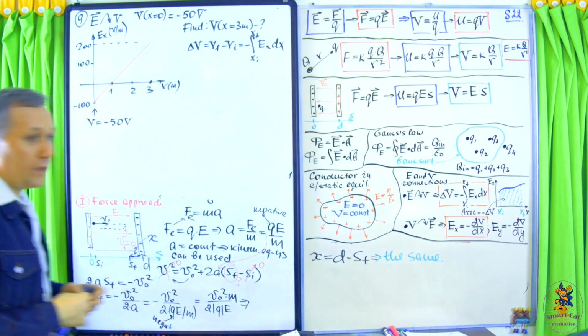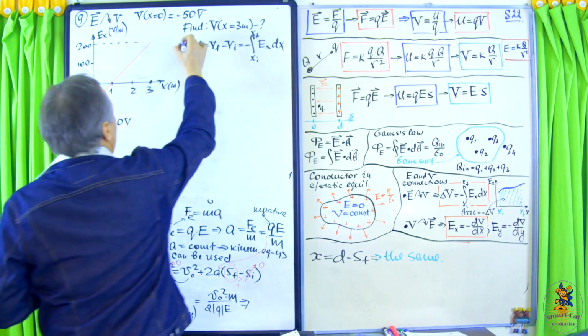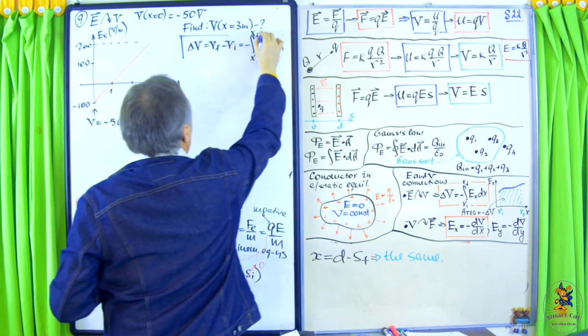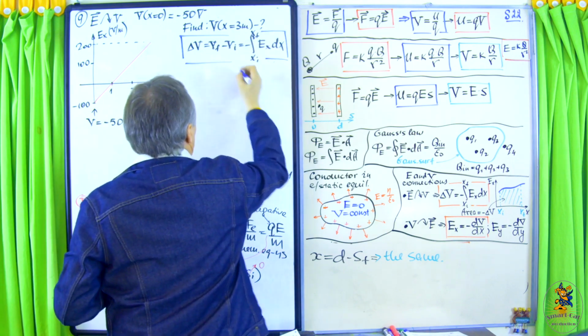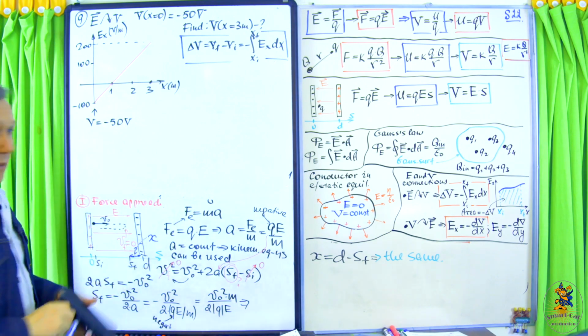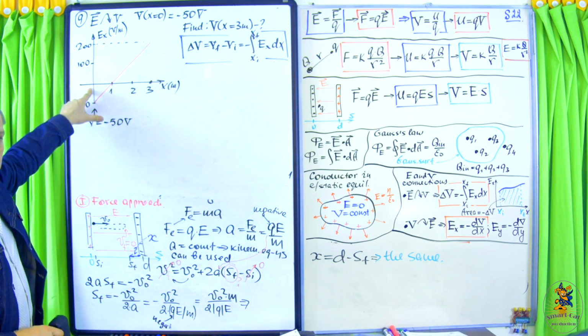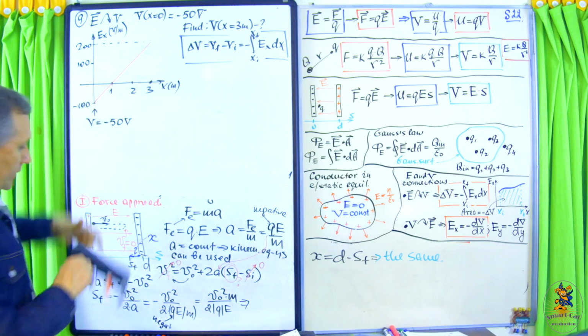Right. Okay, and the first step that we have to apply all the time before we can start using this formula, we need to make a decision about the initial and the final point. So initial point. Since we have some information about the electric potential at the origin, let's take that point as our initial point.